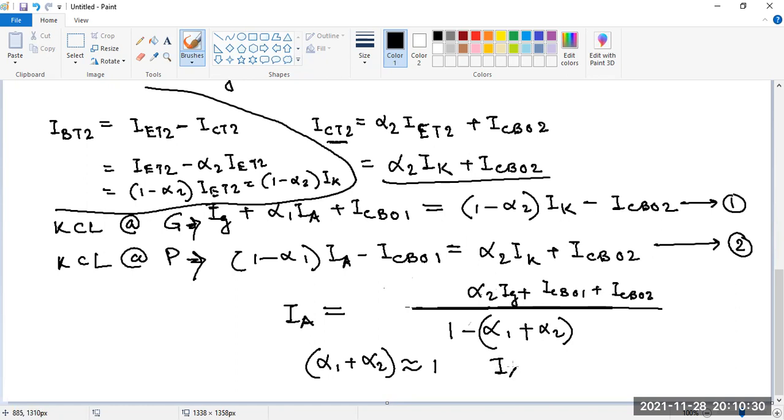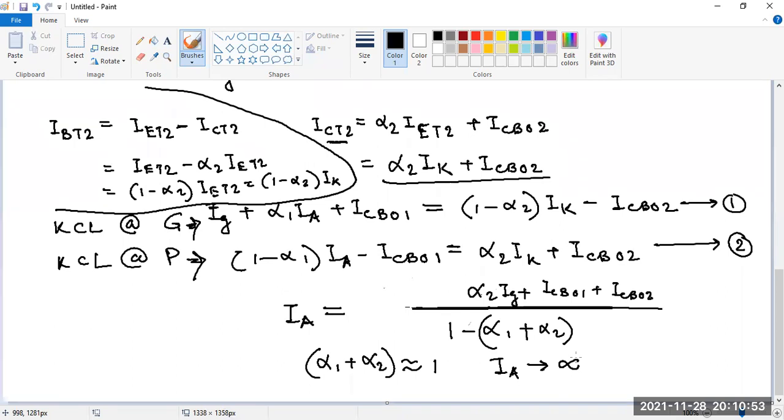The IA will tend to infinity, isn't it? So mathematically we can observe from this expression.